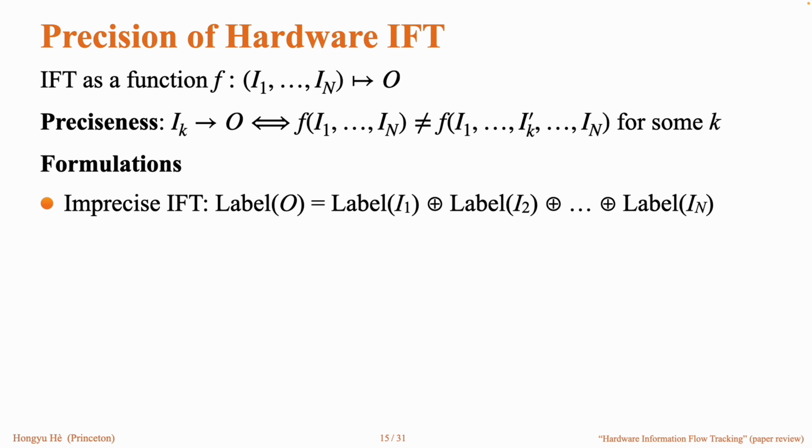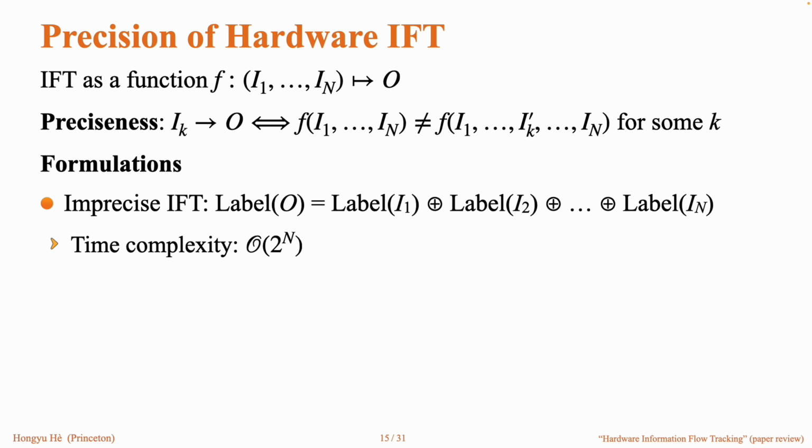By this definition, imprecise IFT is where you only take into account the input labels when computing the output label class for O. If you can recall, the ⊕ operator is the combining operator, the supremum, calculating the least upper bound over all the labels we have here.